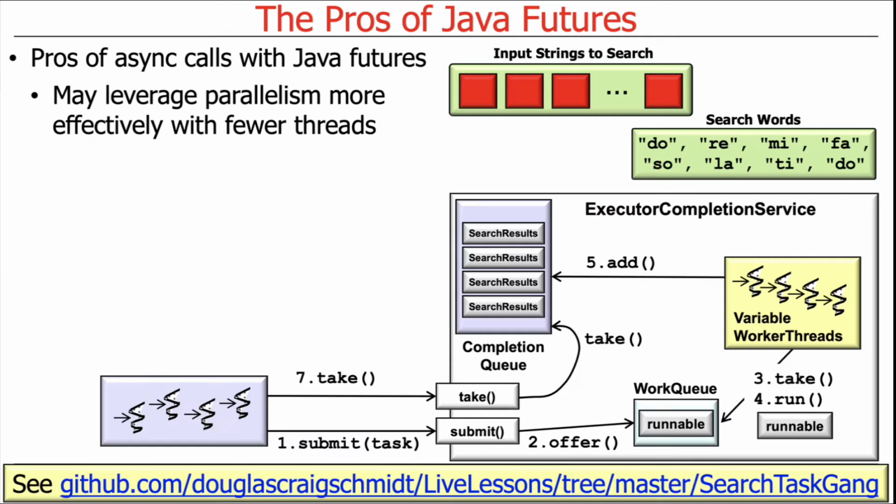So we're going to talk about the pros, and then we're going to talk about the things that can be improved. So the pros are you may be able to leverage parallelism more effectively while still having fewer threads. All things being equal, you'd like, at least in traditional Java, not to make a lot of threads. That's because in traditional Java, threads are fairly computationally expensive.